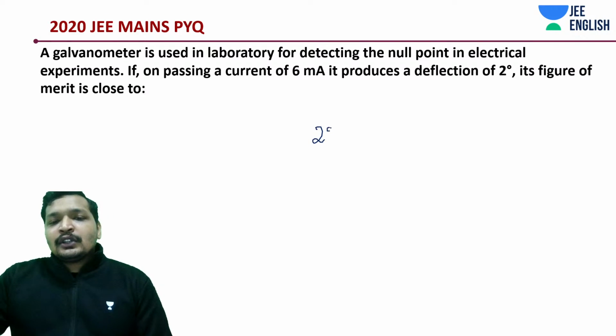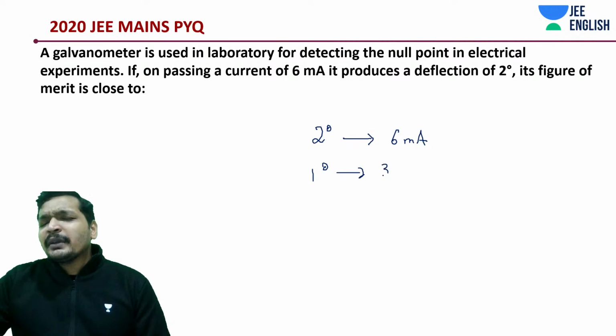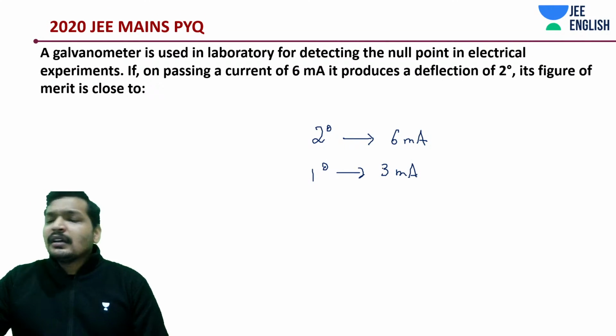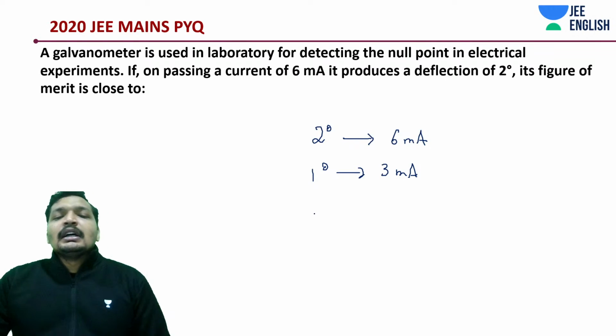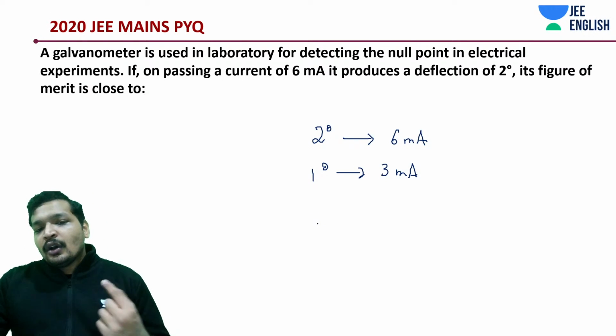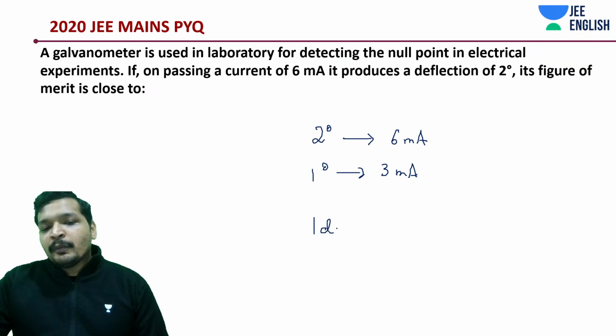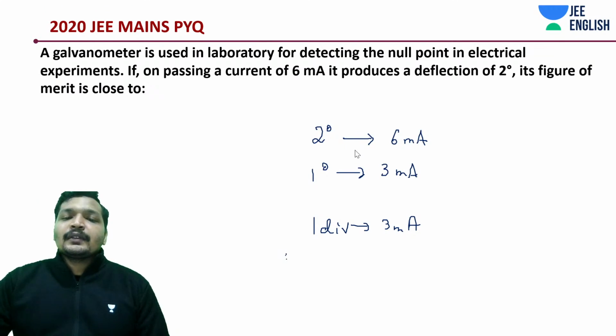So, 2 degrees corresponds to 6 milliamperes, then 1 degree corresponds to 3 milliamperes. So, what is the value of 1 division? 1 division corresponds to 3 milliamperes. So, what is the unit in this case?